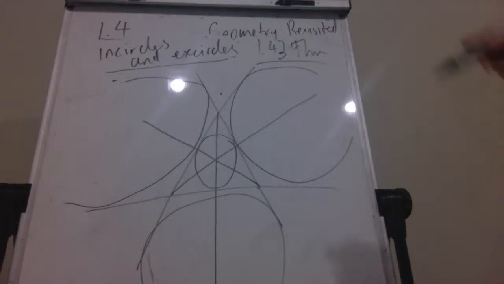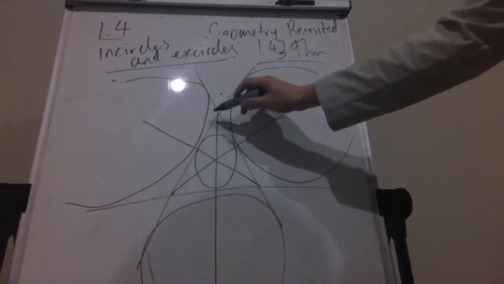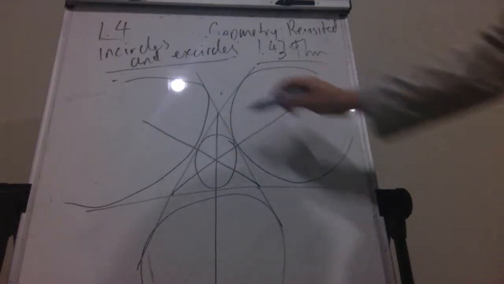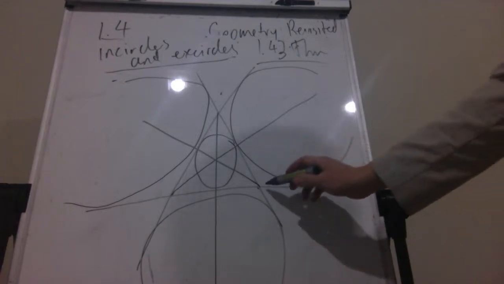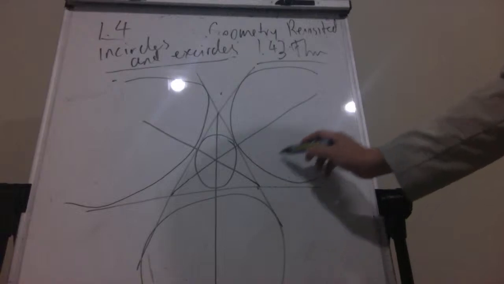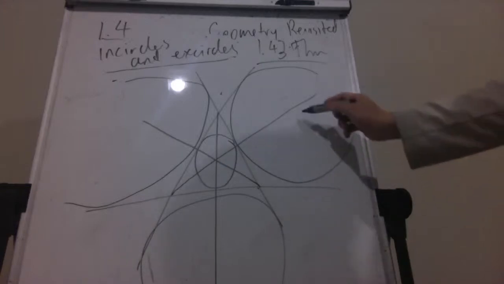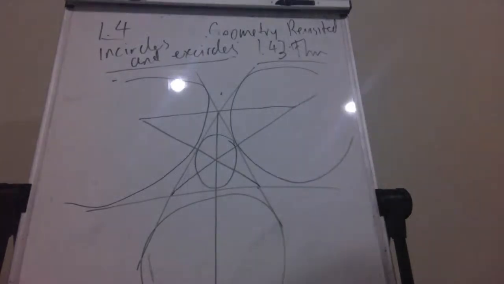But they interact kind of nicely with the excircle as well. Can you see how the external angle bisectors meet at the center of the excircle? Is that obvious? Yeah, because there's a radius. You can join the radius and say they're congruent or something. So this external angle bisector means that.